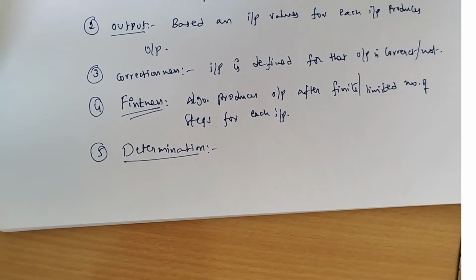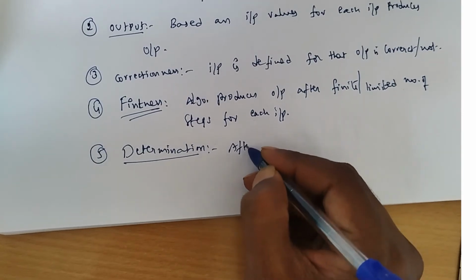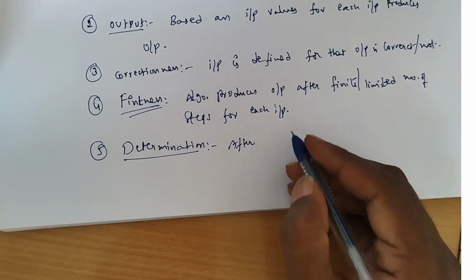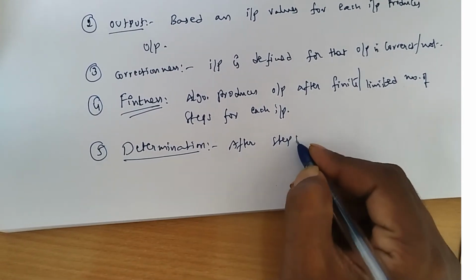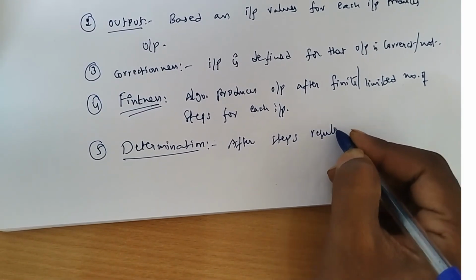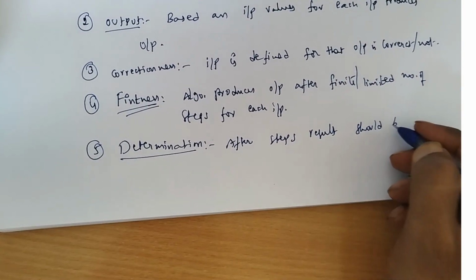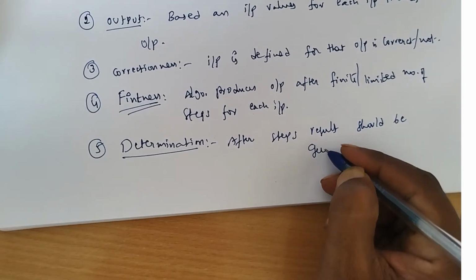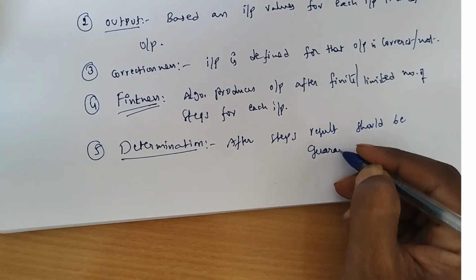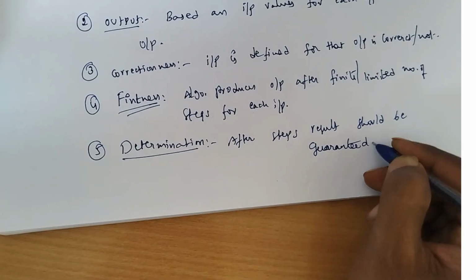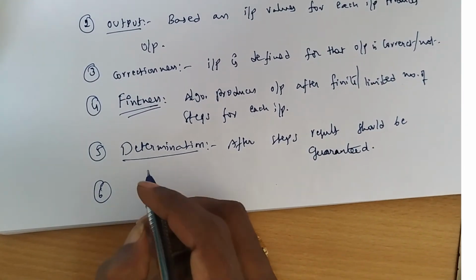So determination means after some steps, every algorithm has to produce the output. After steps, the result should be guaranteed. That is called determination.